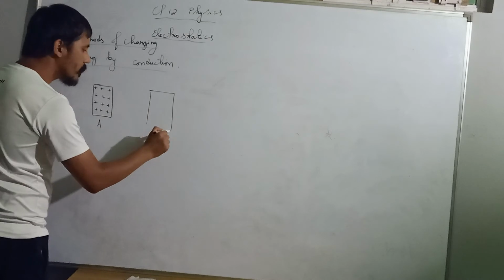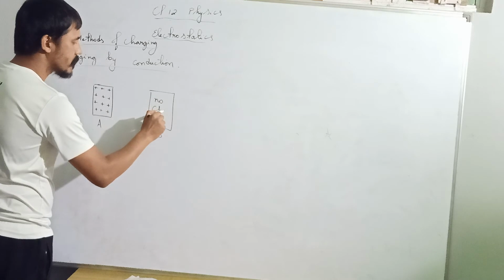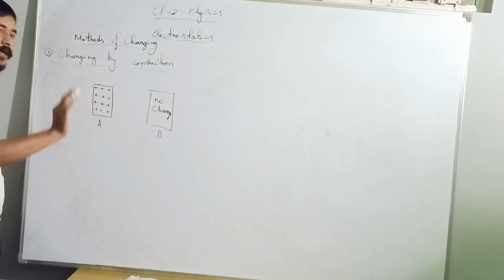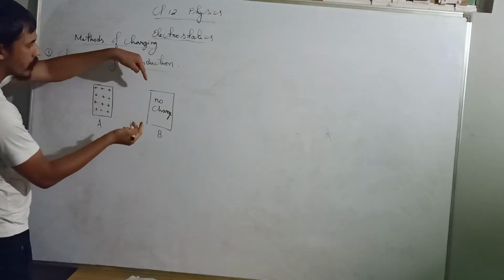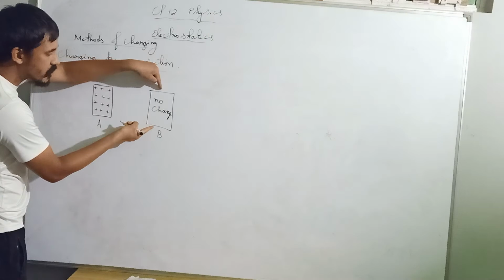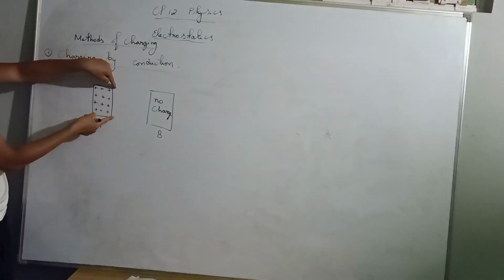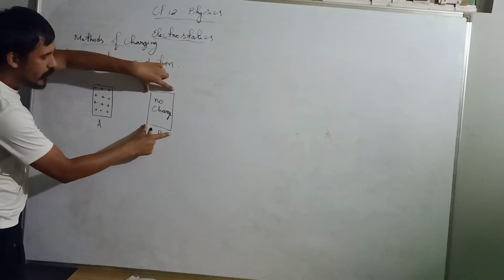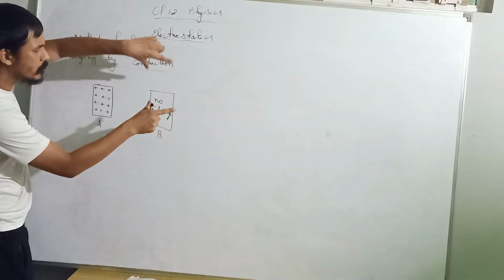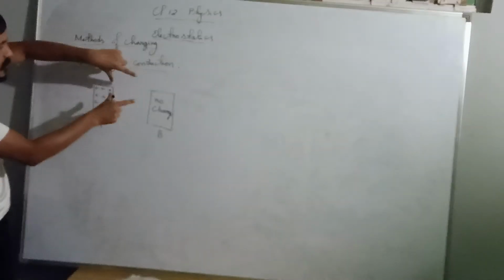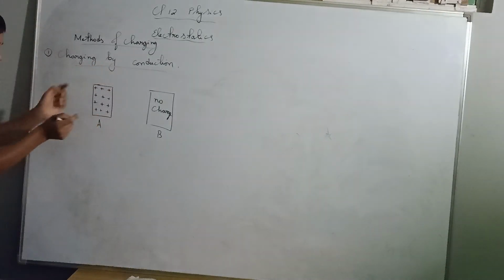Now you take another body B having no charge, meaning 0 charge. Conduction means you are going to charge this uncharged body by placing it in contact with the charged body. So in order to charge this body, you have to place body B in contact with A, which is fully charged. Is it okay?